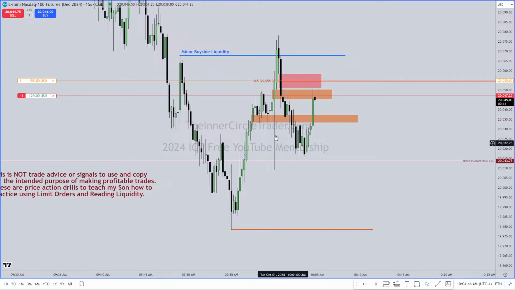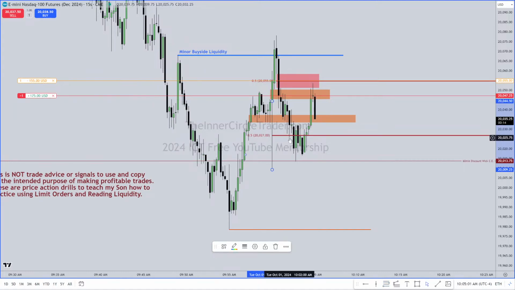Remember, partial would have been at consequent encroachment. Every time we see a big wick and we're in a trade and it trades down into it, consequent encroachment of a wick is always a potential candidate for a partial. In the beginning, every single time you do that, like it would be here, you would be partialed out with something. And then if you get below this low here, that'd be another partial. Here's another.